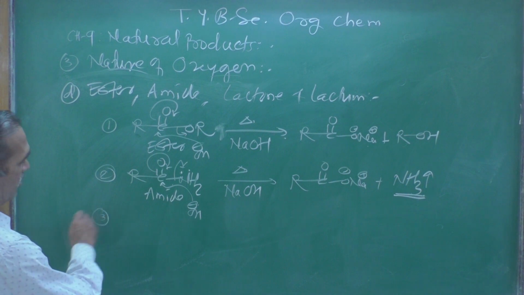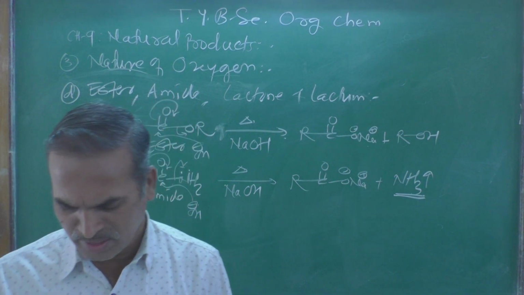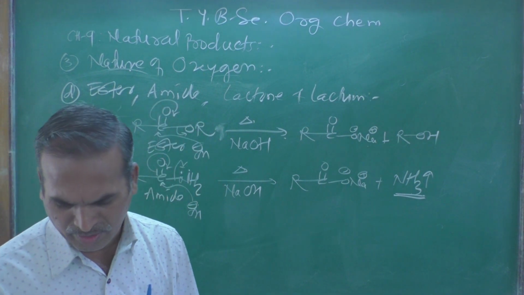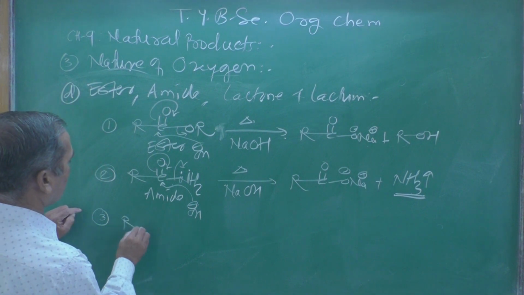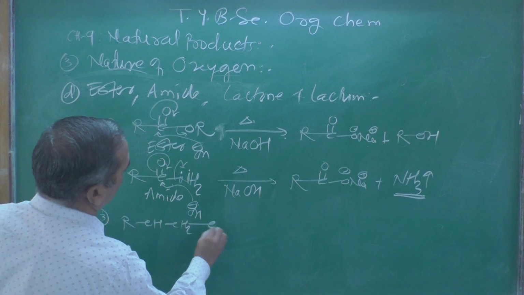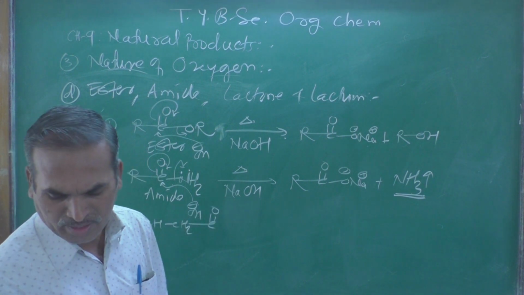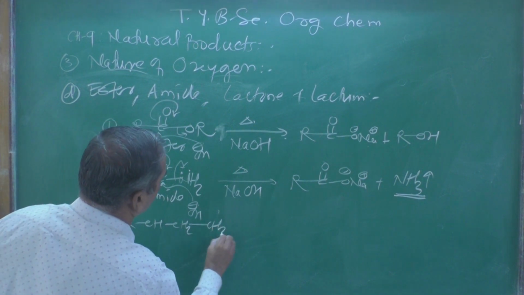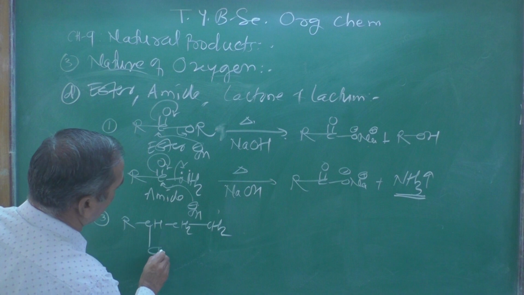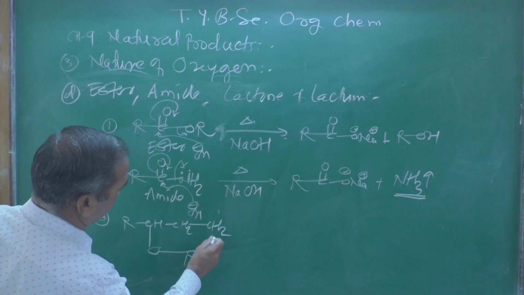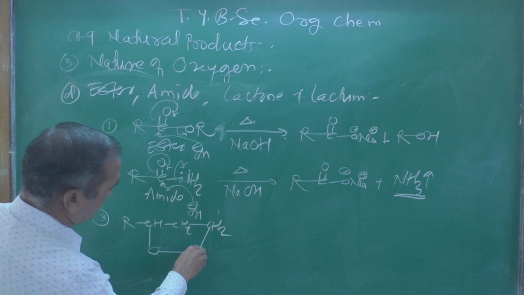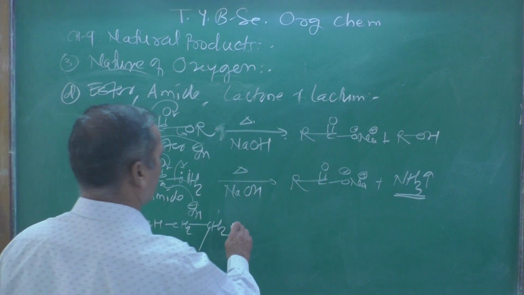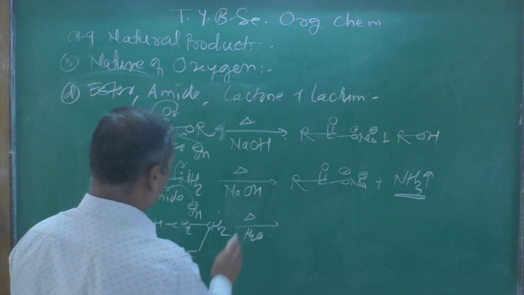Now let us move on to the third one, which is a lactone. That is a lactone structure over here. Let us see: R, then CH, CH2, C double bond O. I am writing over here, once again CH2, and then here O, then C double bond O. This structure is written over here, and if it is heated with water, H2O, what is going to happen?